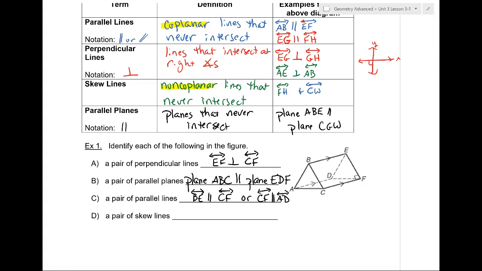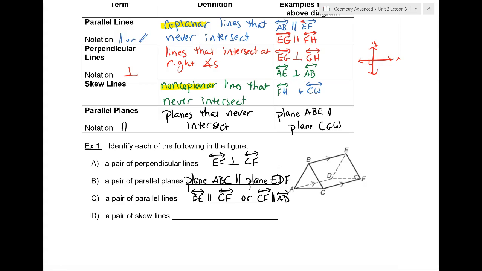Or you could do CF and BE together. You had your options on there. Make it easy on yourself. Go with the obvious answers. Did everyone hear me on this? Go with the obvious ones. There's ones that look like they might be parallel too, but if we don't mark it, are you absolutely certain? No, so just be careful.